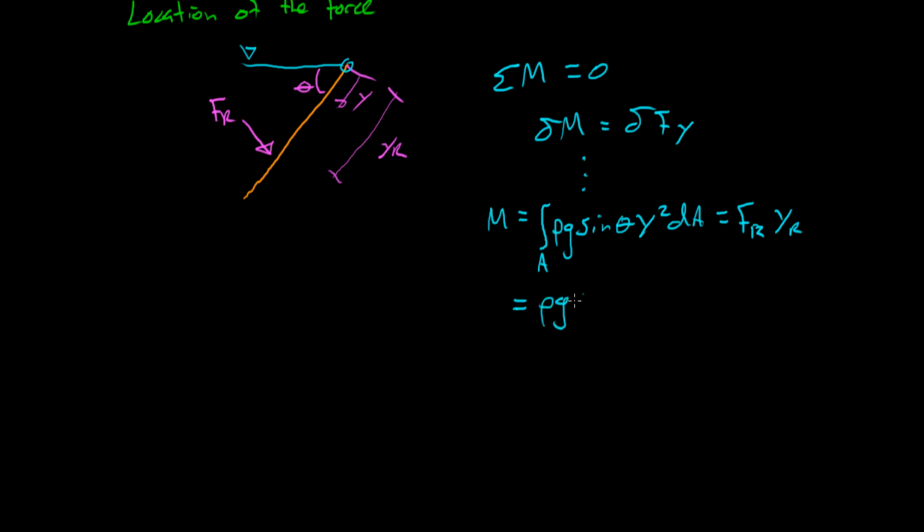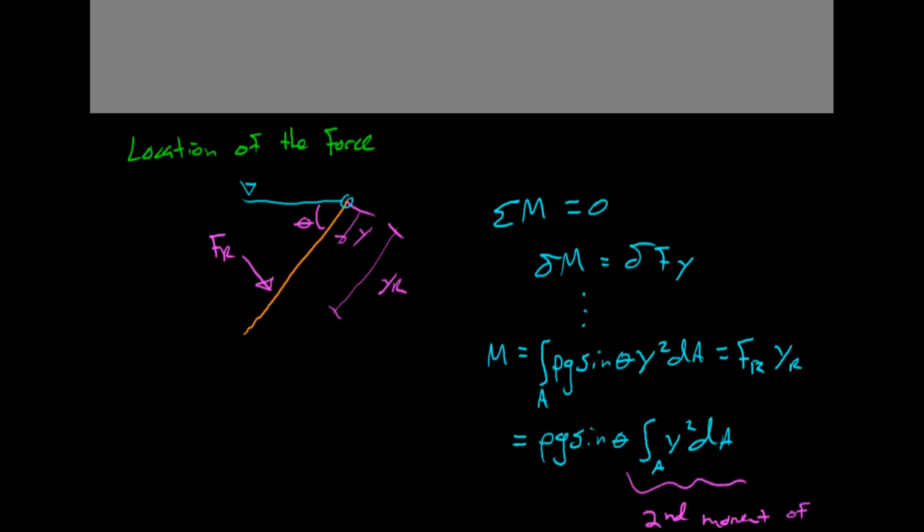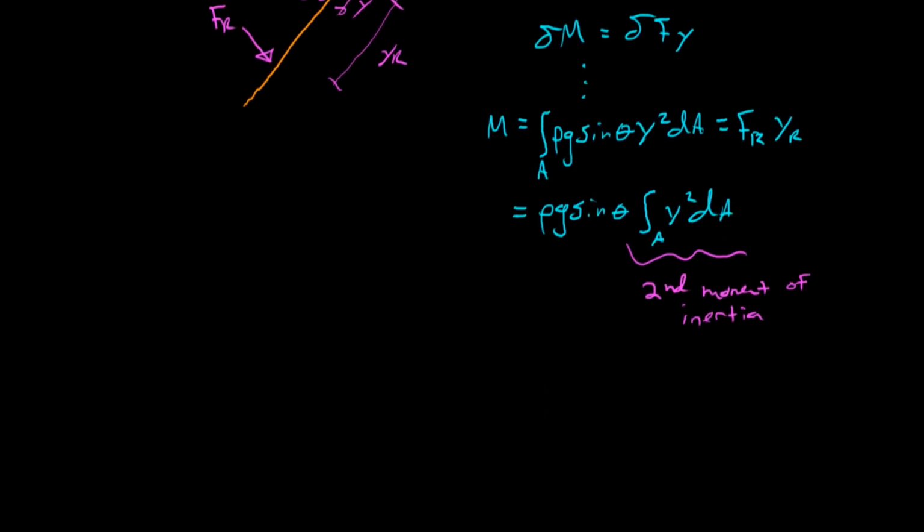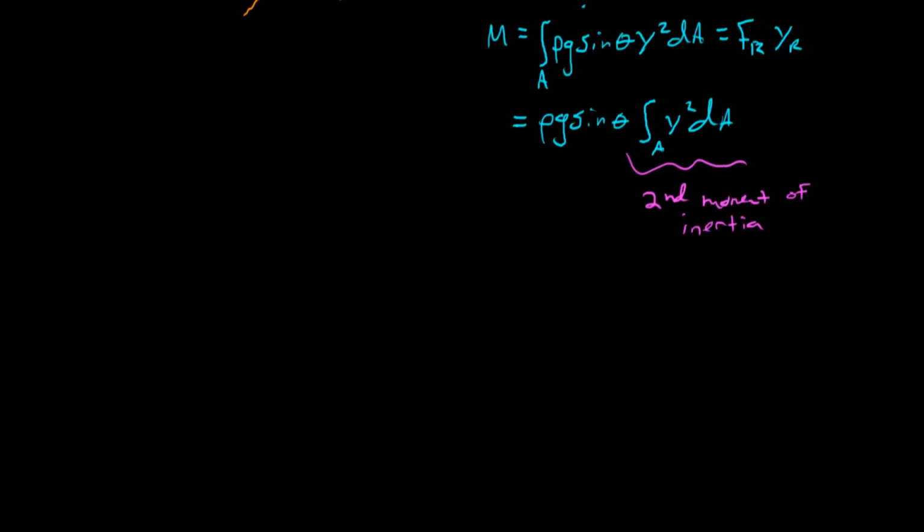We get rho g sine theta integral over the area of y squared dA, and that might look familiar too. This is the second moment of inertia. And the beauty is it's tabulated, so we're going to save ourselves from doing calculus, thankfully.